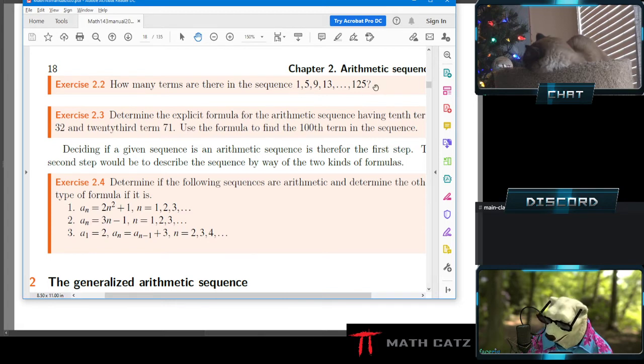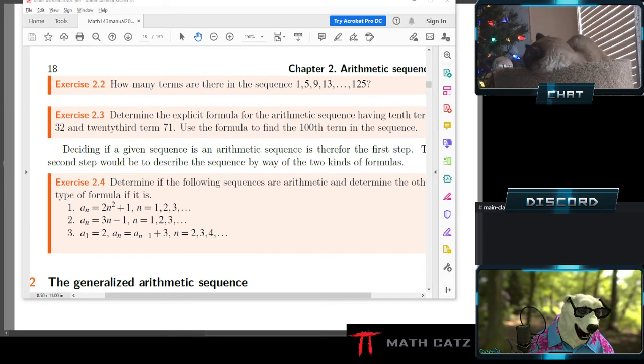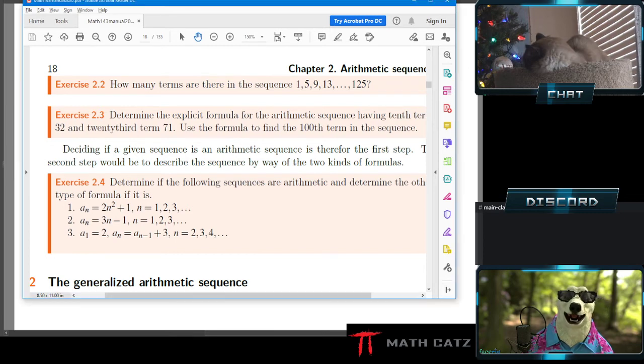Like, here's a sequence, find how many terms there are, or where this last number is positioned. I then identified this one as an arithmetic sequence, which means I know its explicit formula, and I can use that to find the position I'm in here.